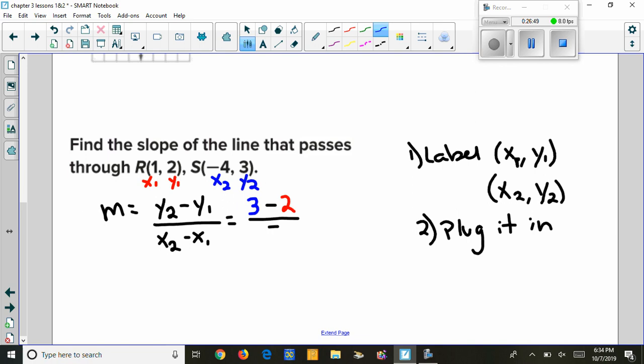Then I have x2, which is negative 4, minus x1, which is 1. Now all I have to do is solve what I have left. 3 minus 2 is 1 over negative 4 minus 1 is negative 5, giving me a slope of negative 1/5.